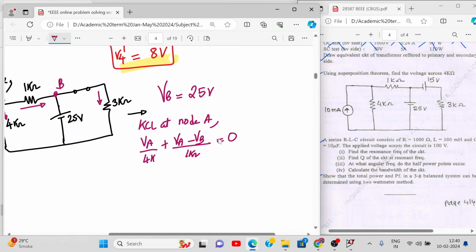VB is 25. So VA upon 4K plus VA upon 1K minus 25 upon 1 kilo ohm.